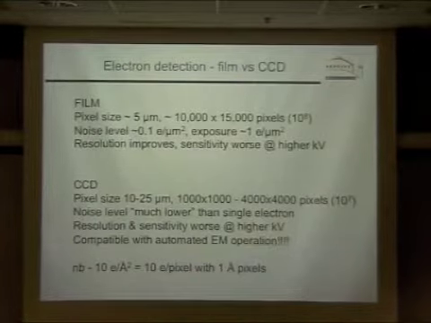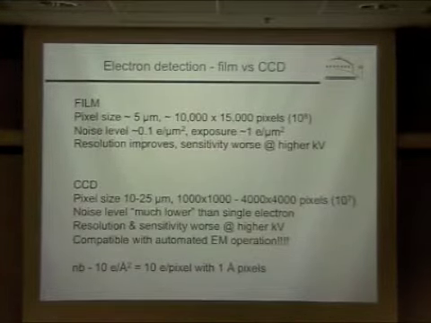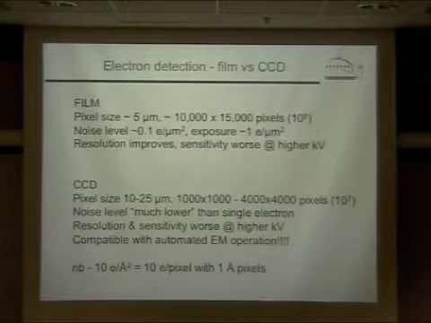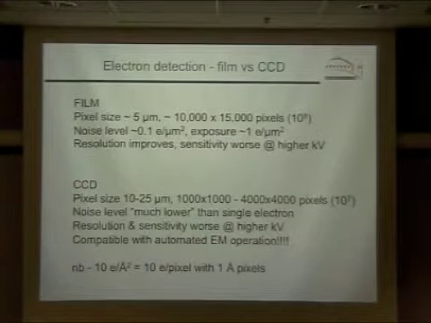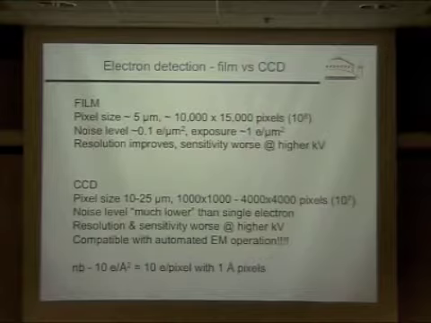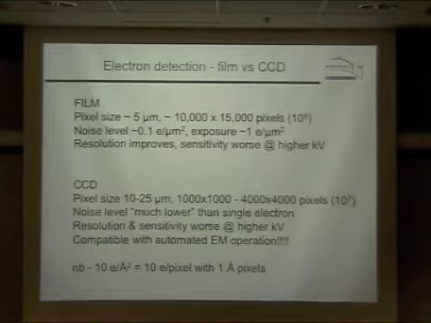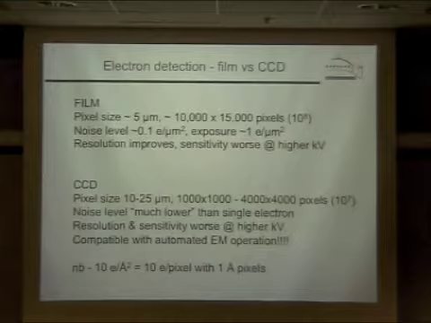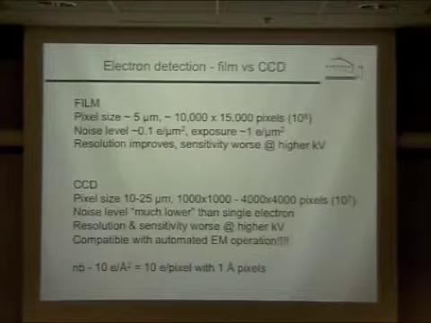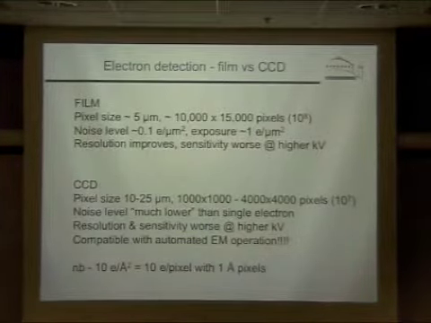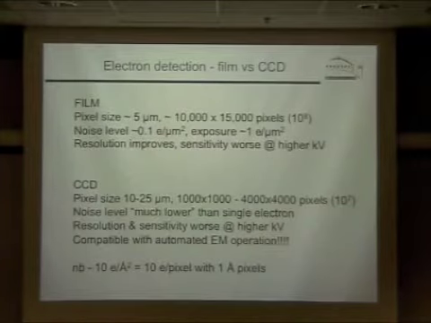With a 1 angstrom pixel, that corresponds to 10 electrons per pixel, which is high compared to the noise level of a CCD, but not so high compared to the noise level of film, which is another reason that CCDs should in principle be better than film for recording images, possibly even single particle images.